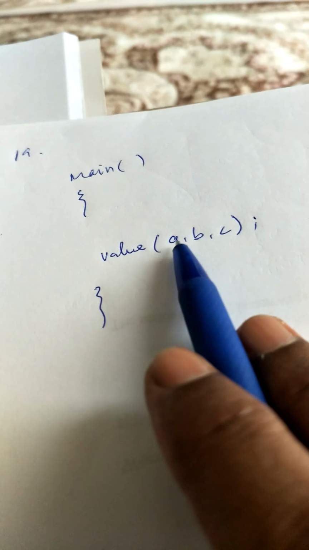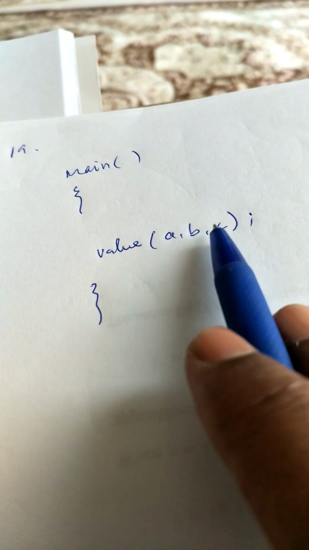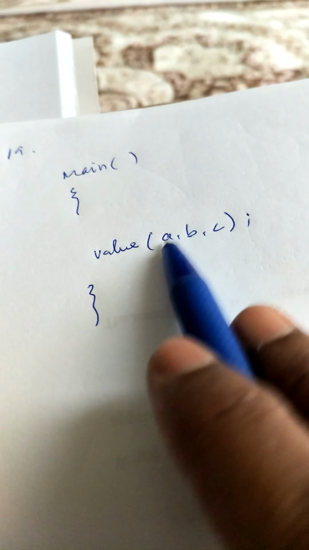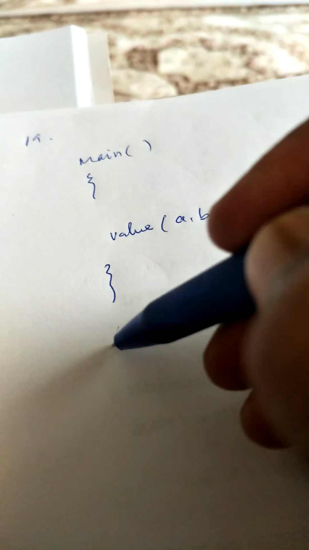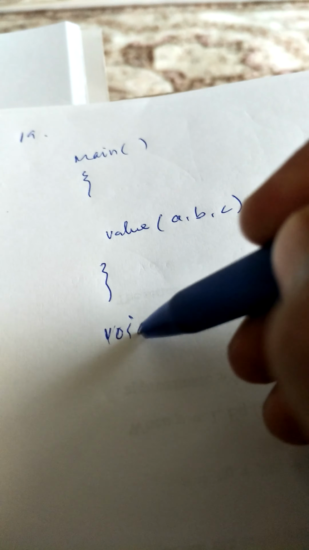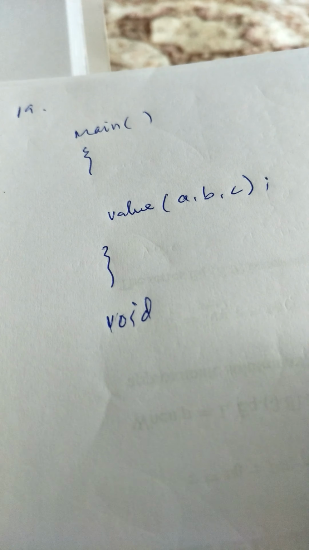You can give a specific number for A, B, C, or you can give a value to it. It is okay. And then you have a function called value, with no return value to the main.